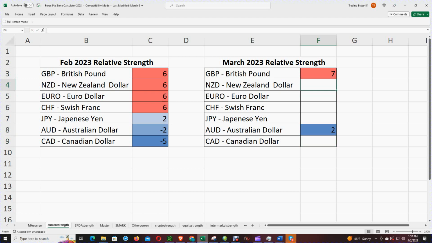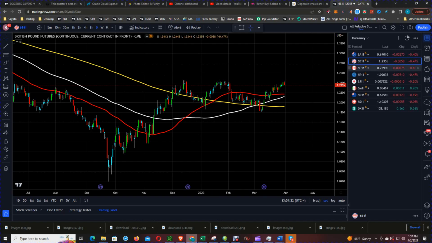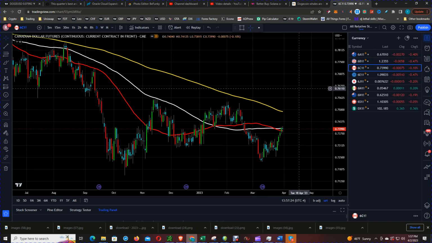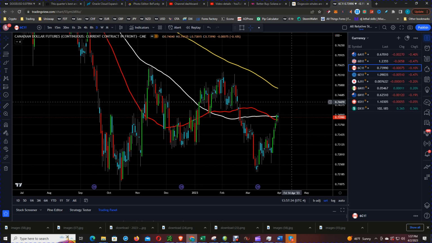Okay, next on the list is the Canadian dollar. So price closed between the 100 and the 50. And the orientation of the moving averages, you have the 200, the 100, and the 50.